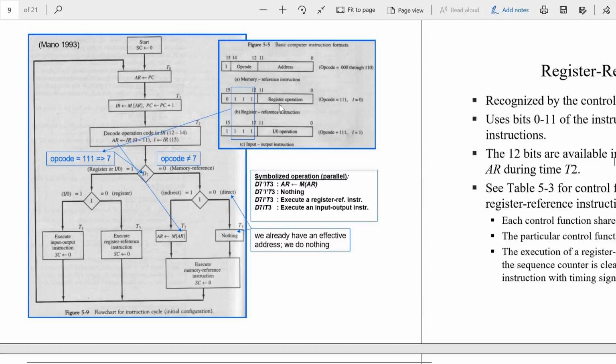Whatever instruction we read from the memory is first decoded and tells the processor whether it is a memory reference, register reference, or input output instruction. Then the processor will process that particular instruction. So let us see one by one. The final output is executing any one of the instructions with the help of this instruction cycle.